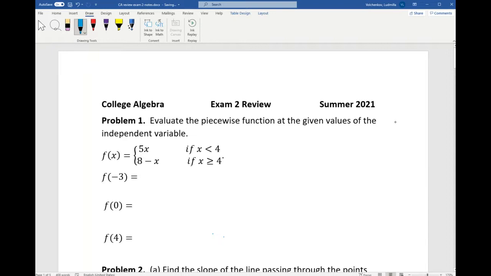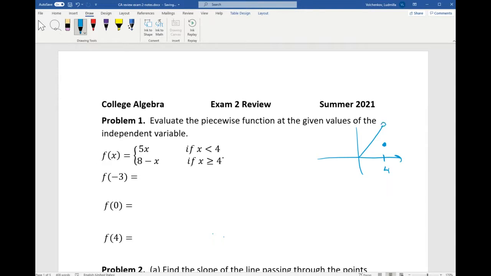So if x is less than 4, if you make it on a graph, we have the boundary point at 4. If it is less than 4, then we have a graph like 5x. And if x is greater than or equal to 4, we have 8 minus x. 8 minus x will be something like this.